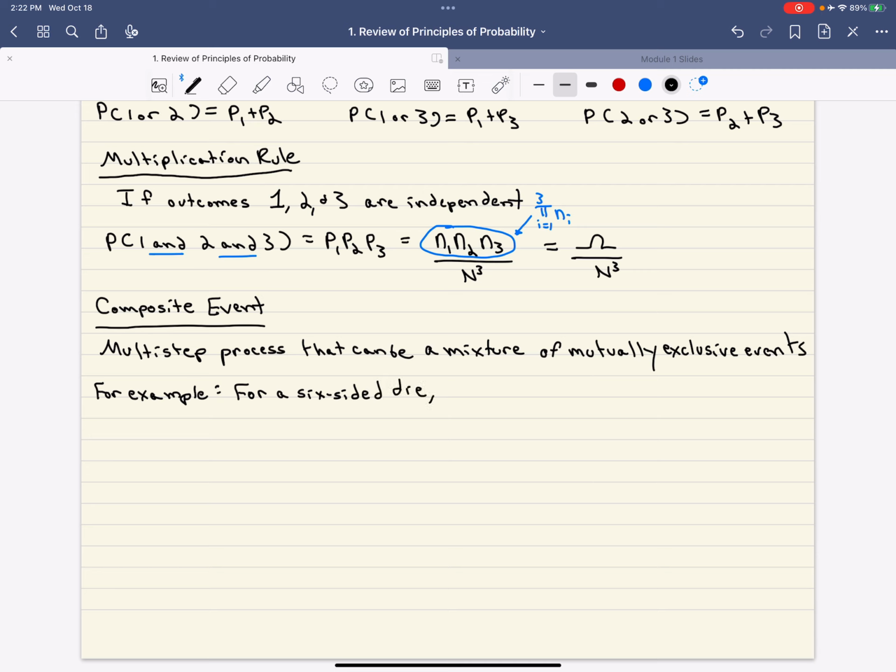And what we want to calculate is the probability that when we roll the die, that we get a 1 on our first roll, or a 4 on the second roll.